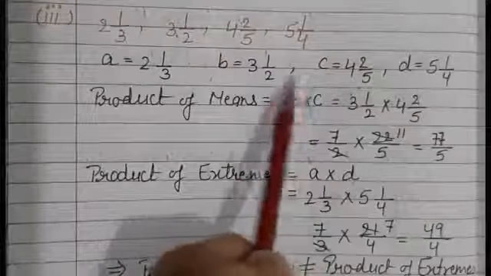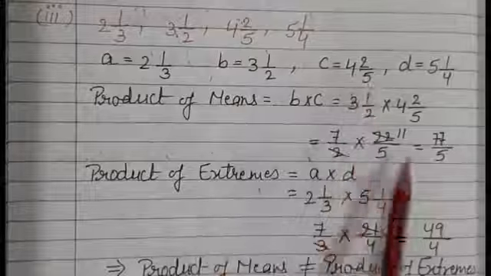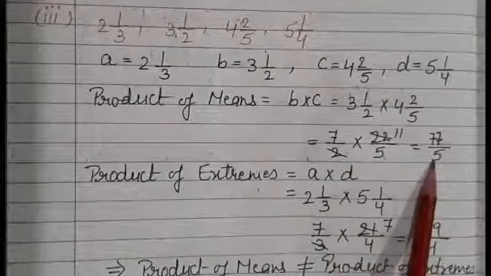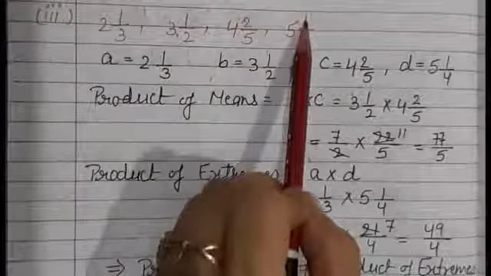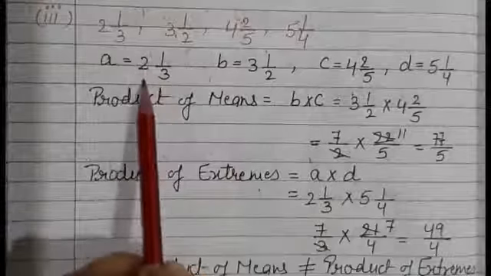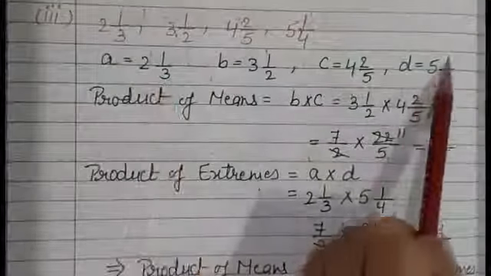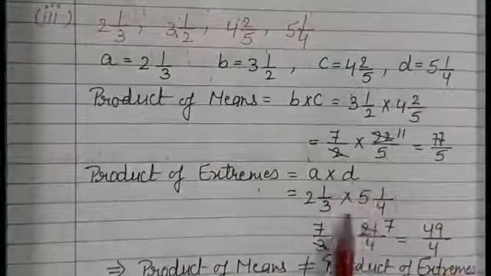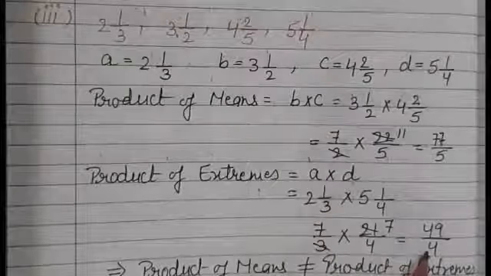So when we multiply 3 whole 1 by 2 into 4 whole 2 by 5, then 77 by 5 will come, right? And when we solve the product of extremes, A into D, 2 whole 1 by 3 into 5 whole 1 by 4, when we convert into improper fractions and solve, then 49 by 4 will come.